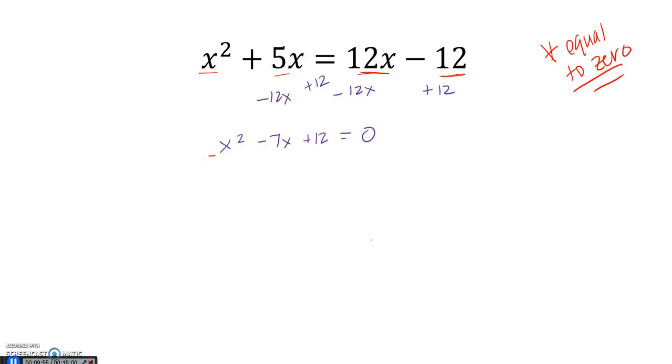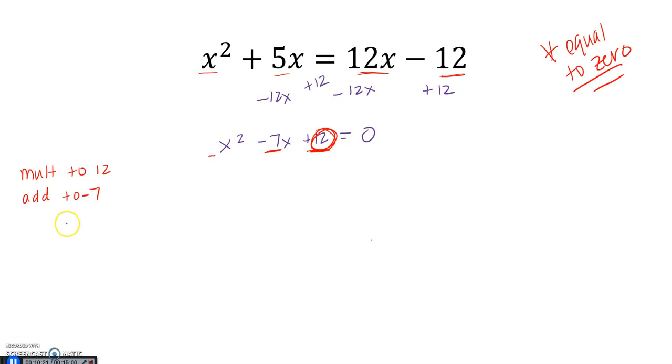Since this leading coefficient is 1, all I have to do is think of numbers that multiply to 12 and add up to 7. So numbers that multiply to 12 but add to -7.